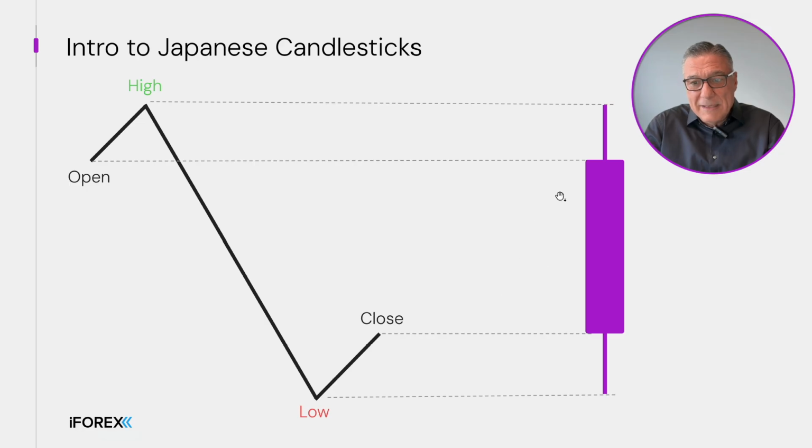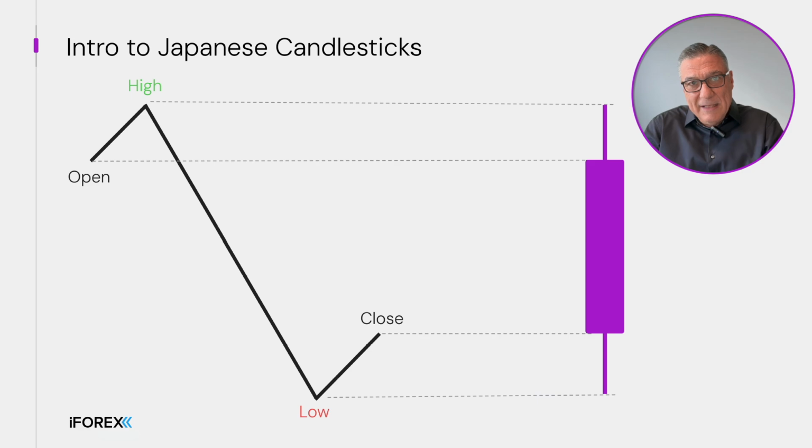So now, as you can see, the market opens here and it closes lower. The sentiment is negative. It's a bearish candlestick, right? It's a black candlestick, as you might read in some books or on the internet. In this case, of course, it is purple. Now, the highest tip of this line is the high price, the highest price reached during this session, and the lowest price reached here, the low price.